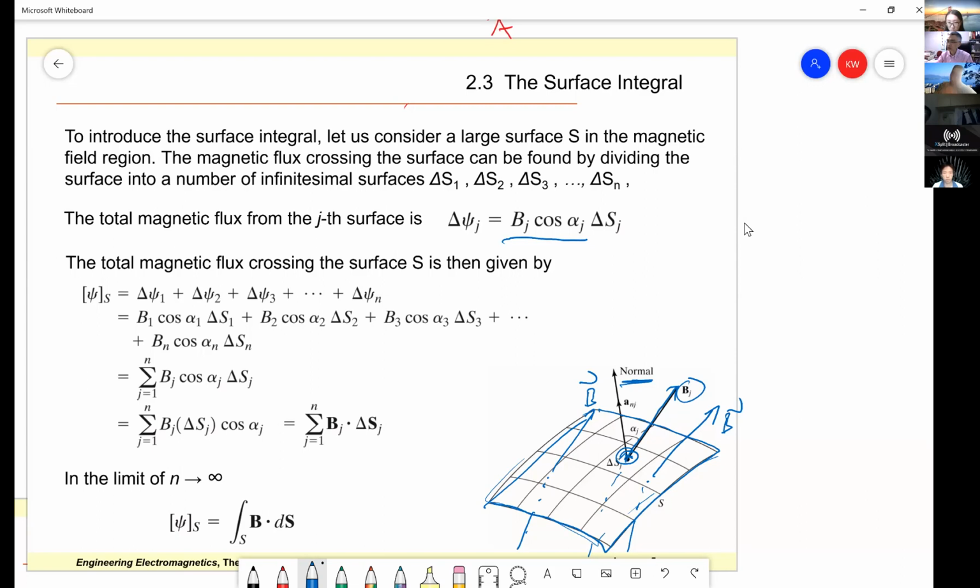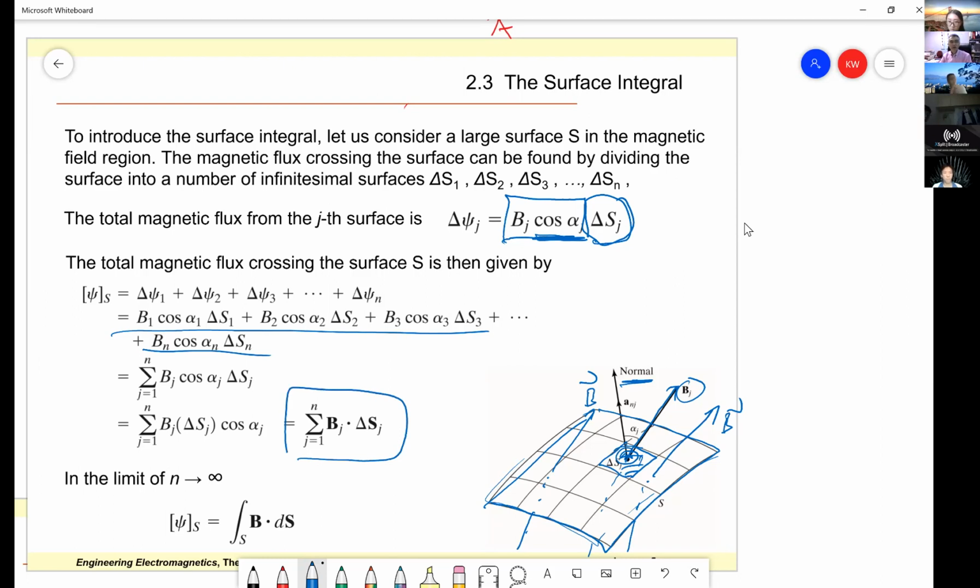The projection is the magnitude of B, dot product with the normal direction, or the projection multiplied by the cosine, times the total area that goes through this surface. This is the flux through one surface. If I have n surfaces, I just add them up, and then I write it in vector form using a dot product.